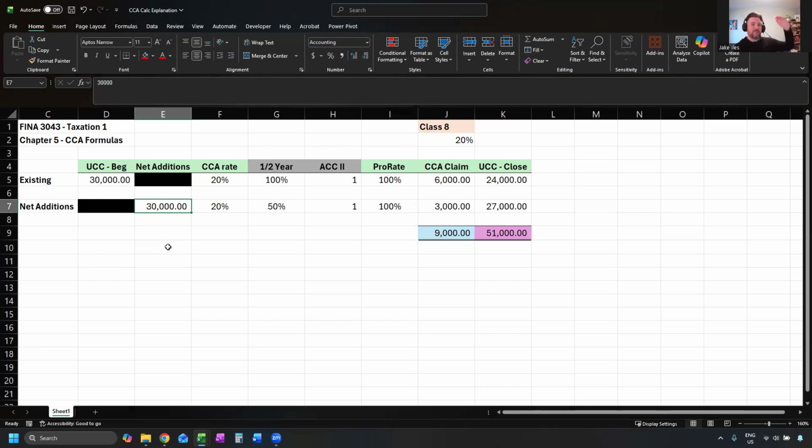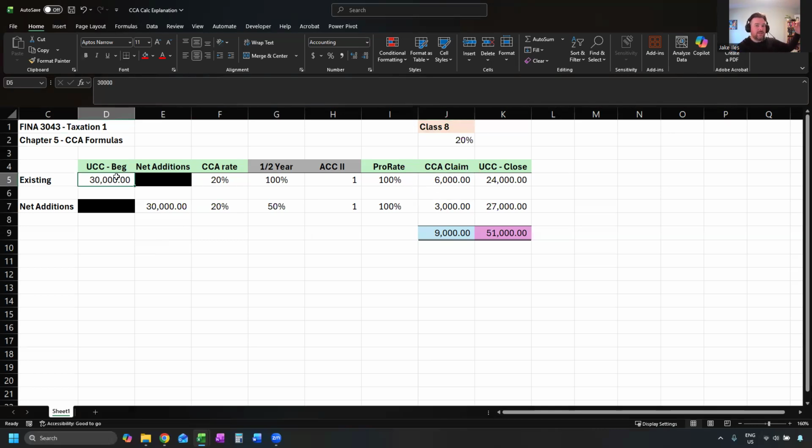One company might have purchased an asset early, another company later. On average, the equipment exists for half a year. So when we take 30,000 times 20%, the half year rule says we should only take half of the CCA in that year. So that CCA claim is $3,000 instead of the six.